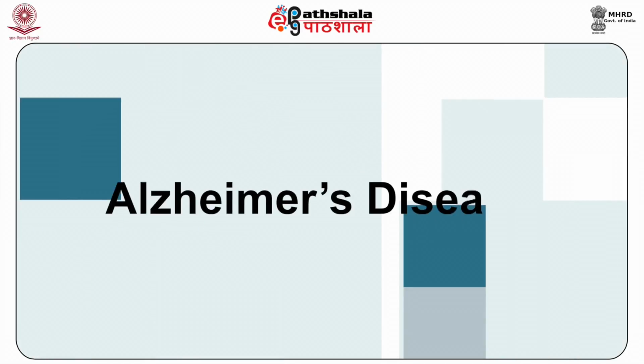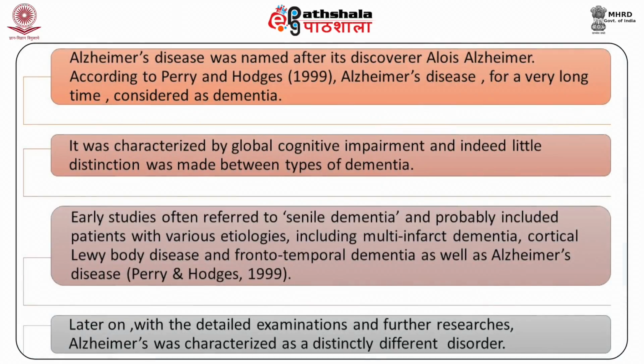Alzheimer's disease. Alzheimer's disease was named after its discoverer Alois Alzheimer. According to Perry and Hodges in 1999, Alzheimer's disease was for a very long time considered as dementia. It was characterized by global cognitive impairment, and indeed little distinction was made between types of dementia.